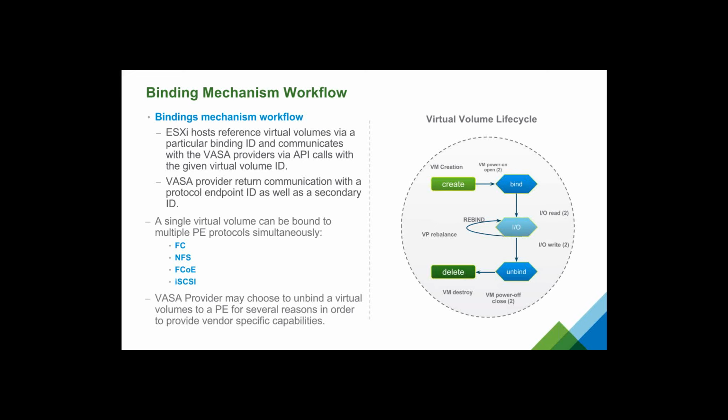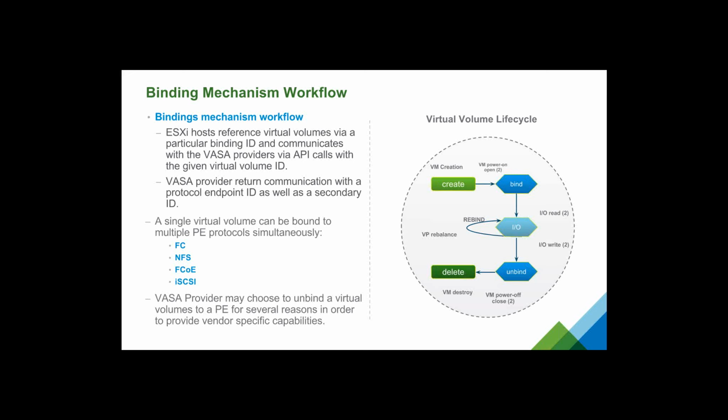So the basic idea is that ESX will send a request for a particular virtual volume, and the storage array through the VASA provider will return information that says, hey, this is the protocol endpoint that you're going to use to get to that virtual volume, and here's the secondary ID that's used to actually identify it once you get to it.